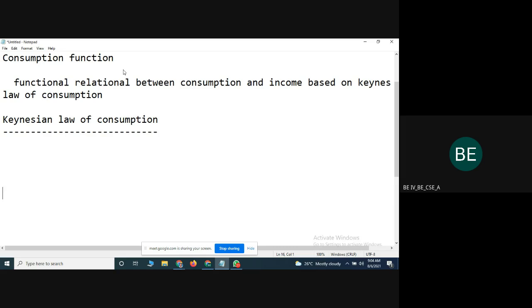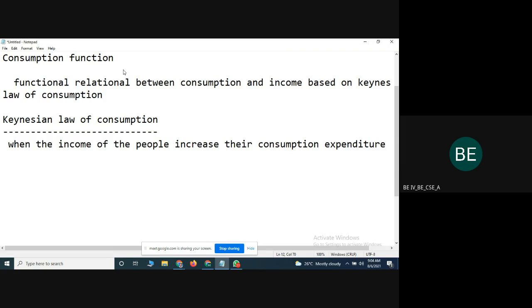The Keynesian law says that when the income of the people increases, their consumption expenditure also increases. But at a later point of time, what happens?